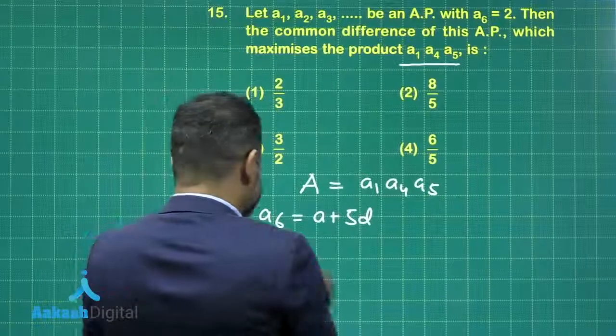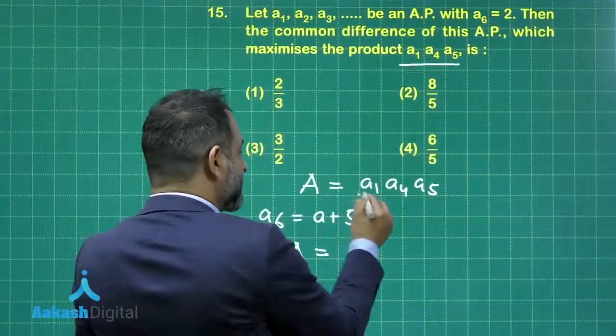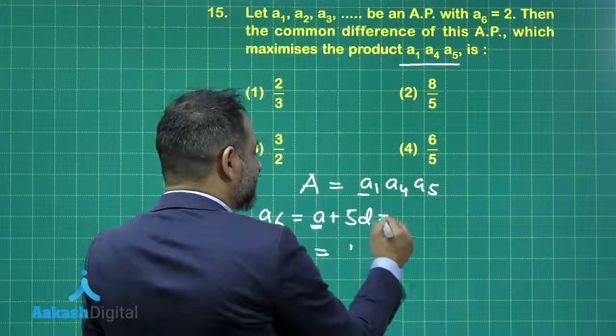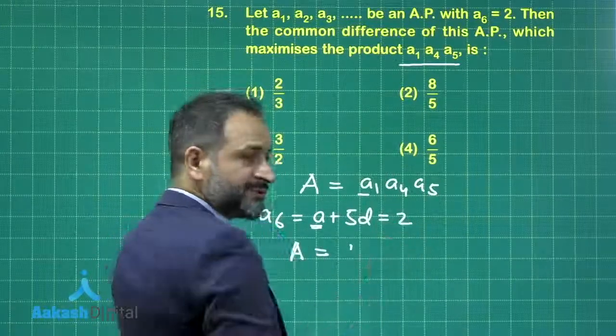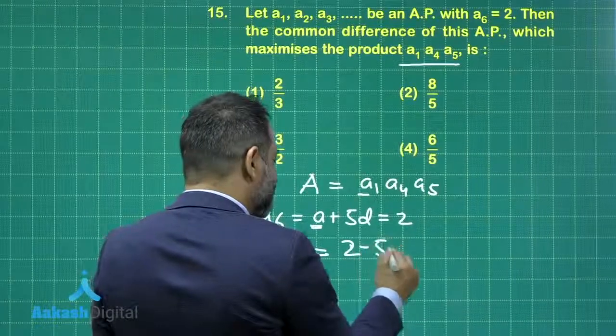Now, you can see this A which is to be maximized, the first term is A. So, straight away this A can be written in terms of D. A plus 5D is the sixth term which is equal to 2. So, if you calculate this, this will be 2 minus 5D.